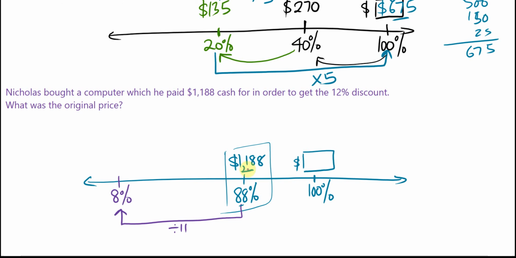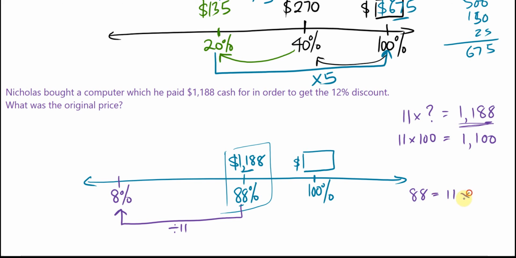And then 1,188 divided by 11. So another way I could think of that is 11 times what will give me 1,188. Well, to get up into the thousands, I know that at least 11 times 100 is the same as 1100, and I know that 88 is the same as 11 times 8.